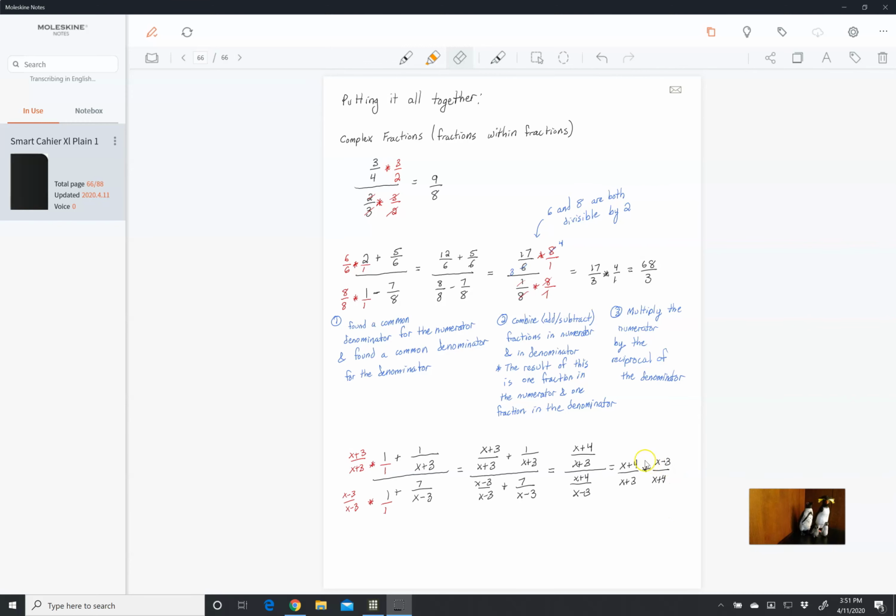Okay, and some of you are going to notice we can automatically cancel that x plus 4. Remember what's going on here? We're extending this line and all of these have invisible parentheses around them. So the x plus 4s will actually cancel.